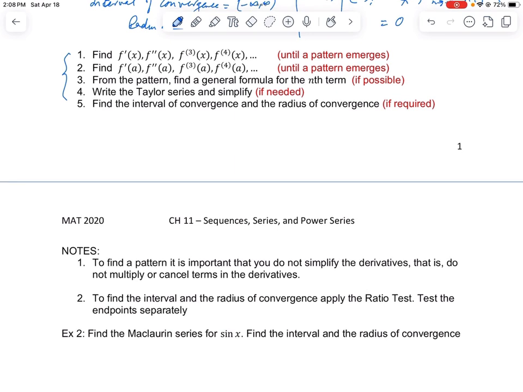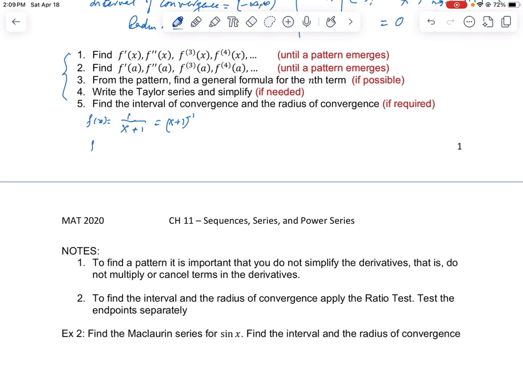What I mean is that, for example, if your function is 1 over x plus 1, you can write it as (x plus 1) to the negative 1.